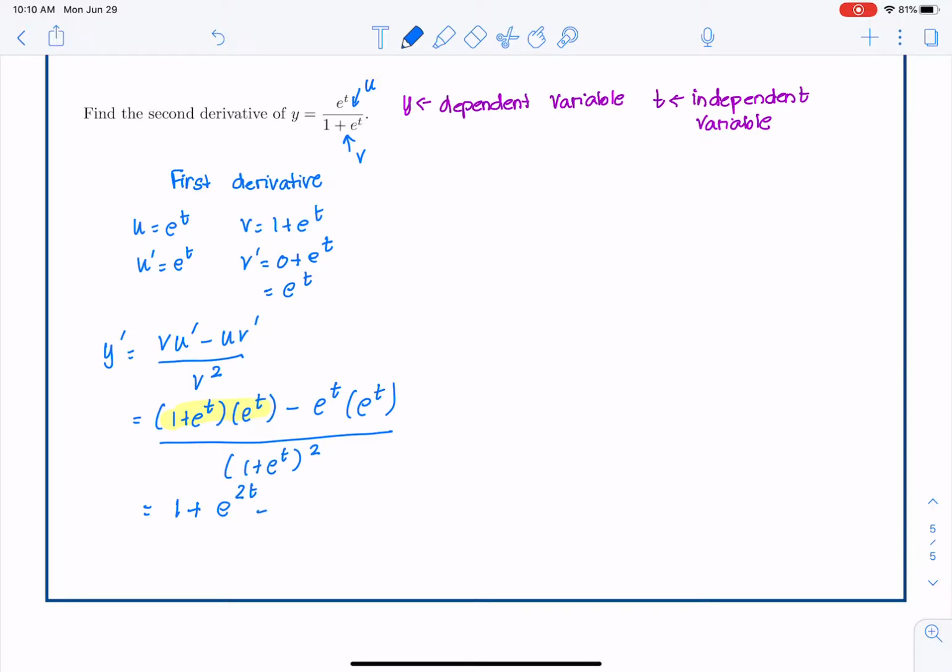Same applies in the second or the third term. E raised t times e raised t is e raised to t divided by 1 plus e raised t squared. Those two would get cancelled and we'd simply have 1 over 1 plus e raised t squared. And it just became simple.